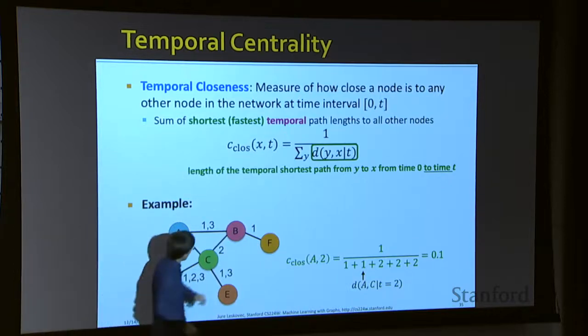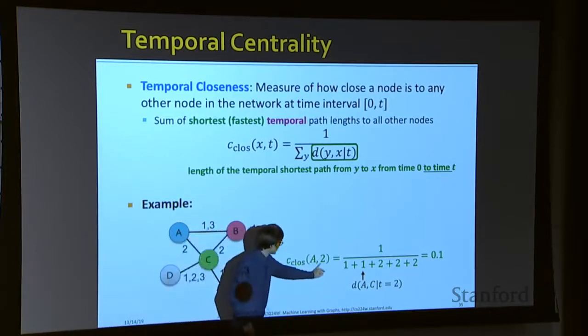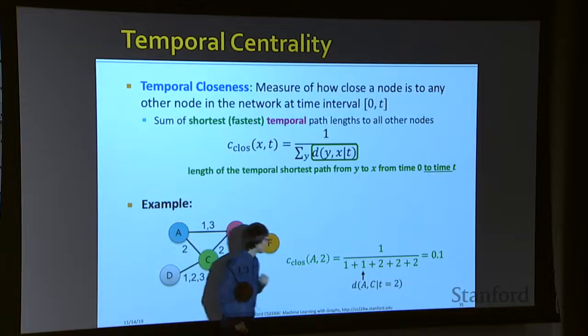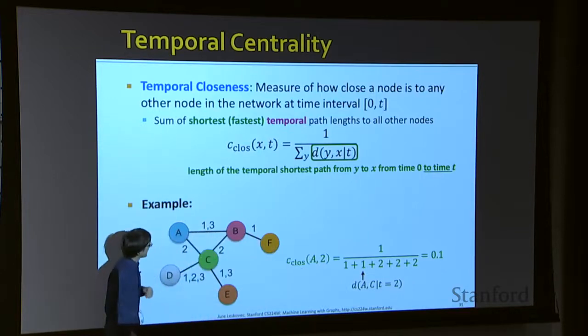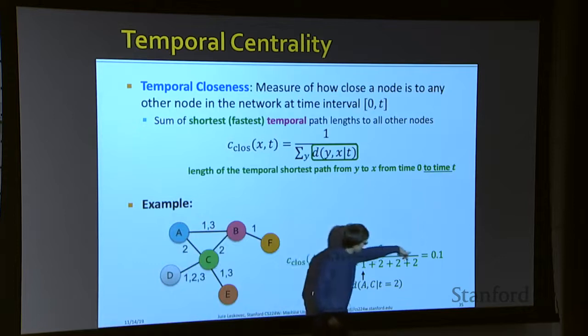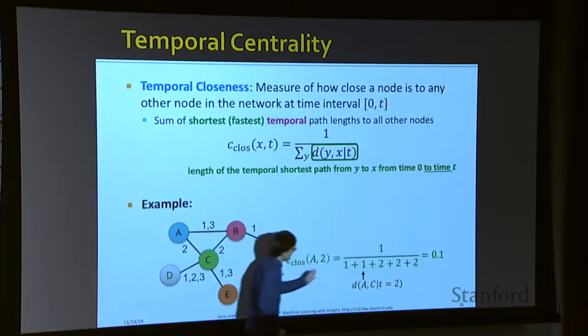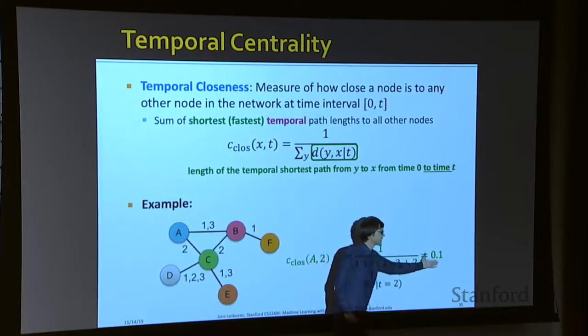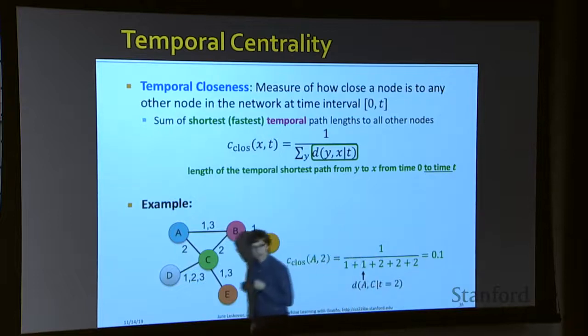So for example, here, if I ask what's the closeness centrality of node A at time 2, then I would basically ask what is the shortest path distance between node A and any other node in the graph at time 2. Here are the distances. I would sum them up, do 1 over that, and this would be the closeness centrality.